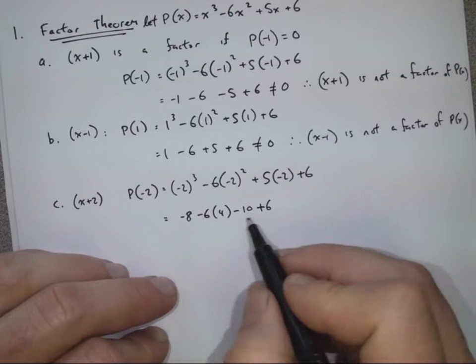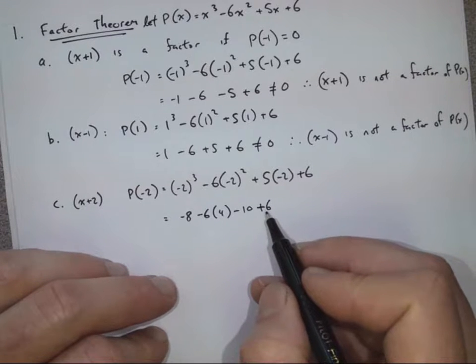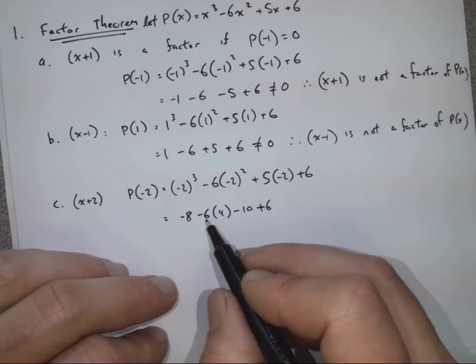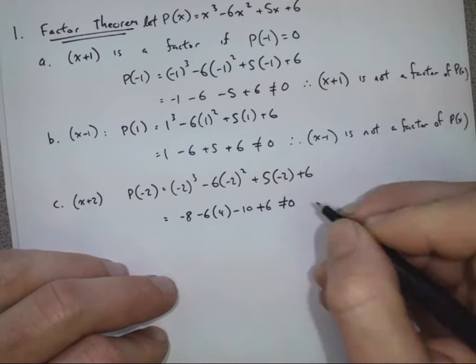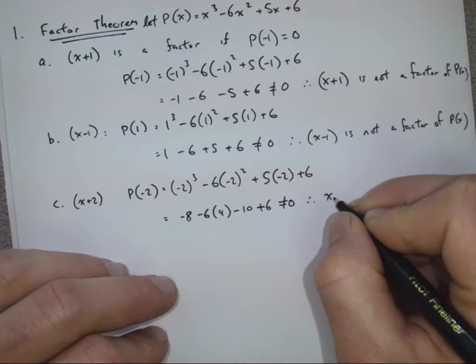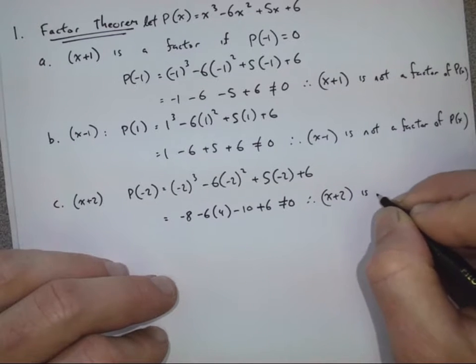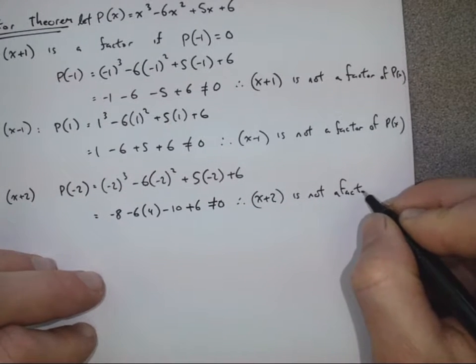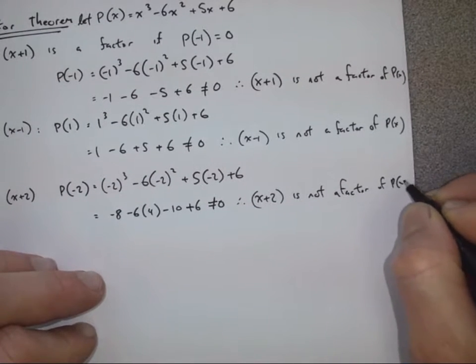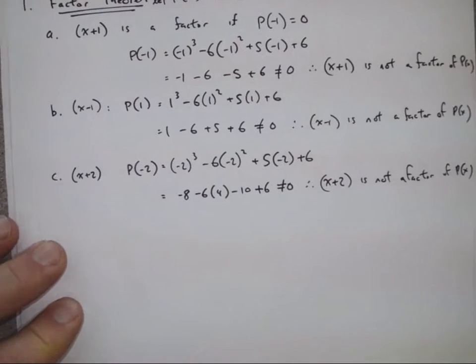And so, again, I don't really need to add these together. I can see I've got negative 8 and negative 24, take away 10. The only positivity is a 6 here, so that's not equal to 0 either. So therefore, x plus 2 is not a factor of p of x.